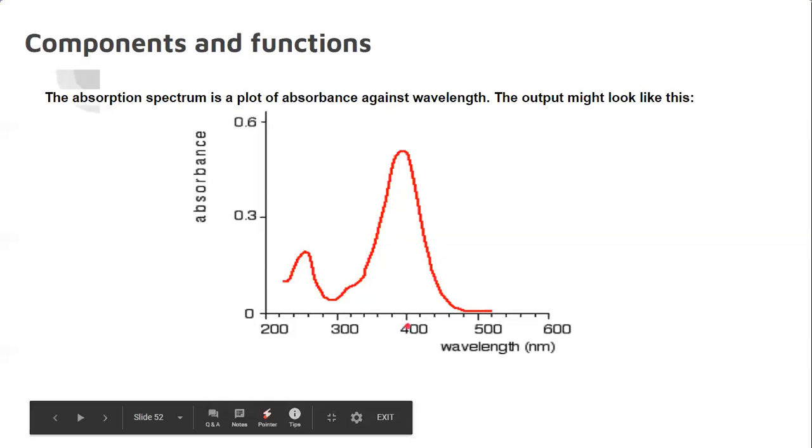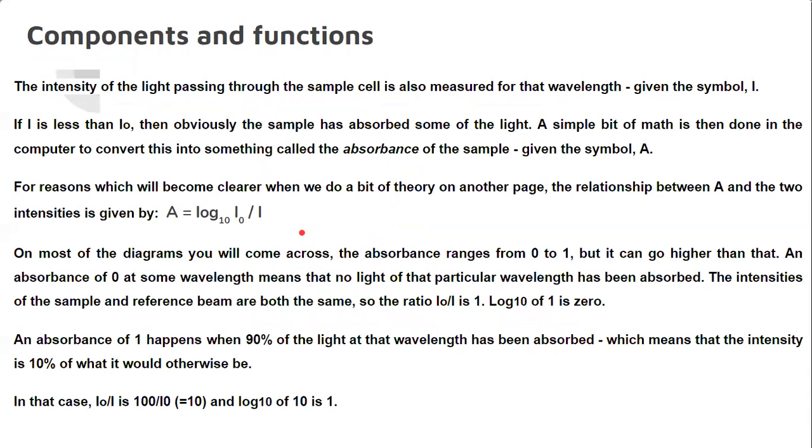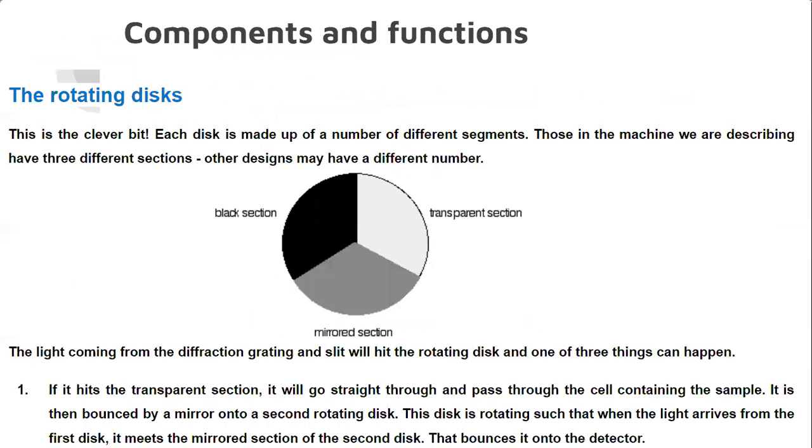We can interpret that the absorption happened around here, which may be due to the presence of pi to pi star transitions or electronic transitions. Like that we can get information, particularly in qualitative analysis as well as in quantitative analysis.